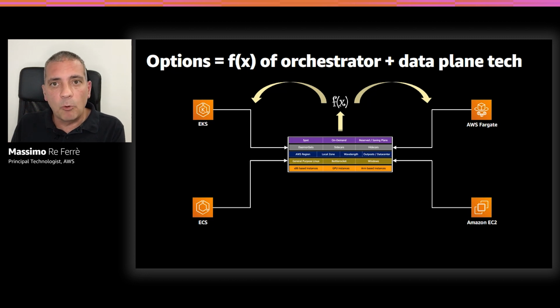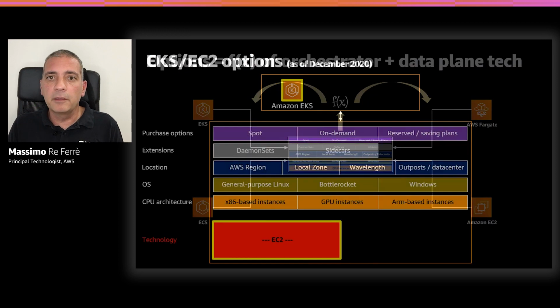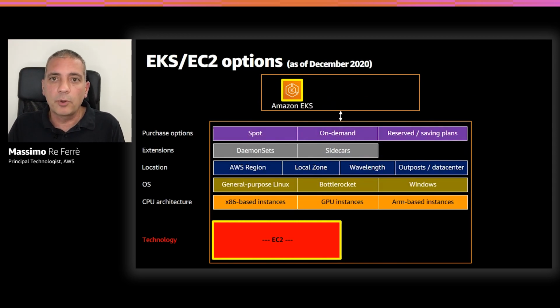Depending on whether you want to use EC2 or Fargate, you may get access or not to some of these options for how you build your own data plane. Let's go very quickly through a recap or an example of what this looks like.